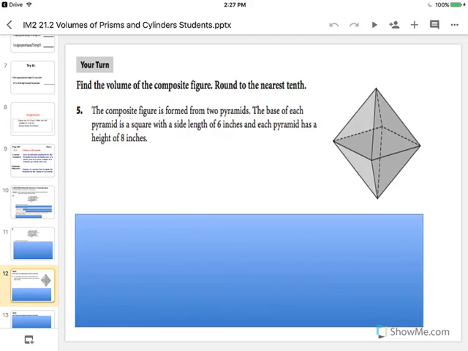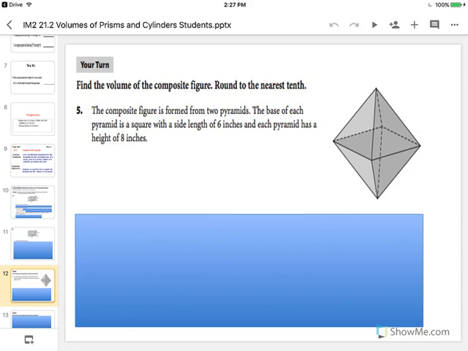Let's try number 4. They say find the volume of the composite figure, rounding to the nearest 10. For number 5, the composite figure is formed from 2 pyramids. The base of each pyramid is a square with a side length of 6, and each pyramid has a height of 8 inches.